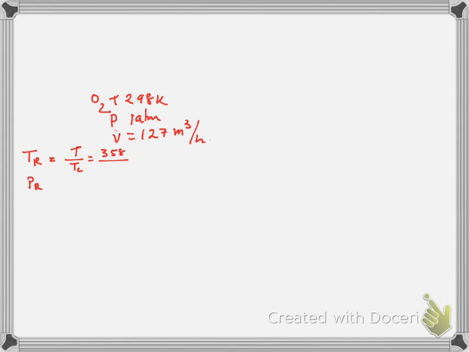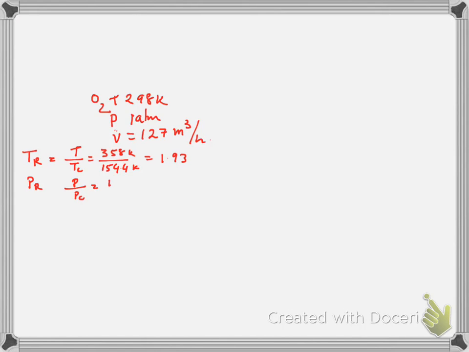Oxygen, TC is 154.4 K, right? And then how much? 1.93. Wonderful. And let's do P over PC also.